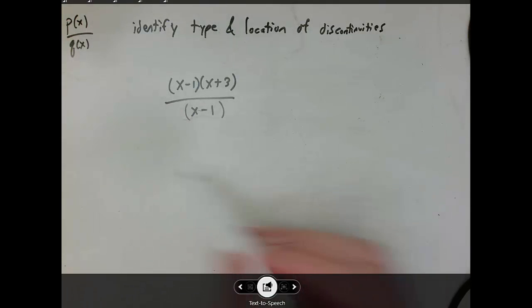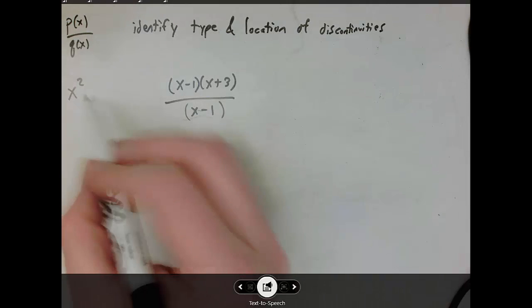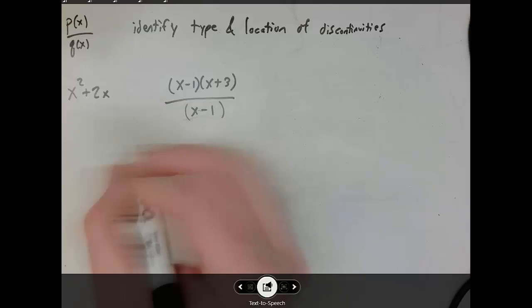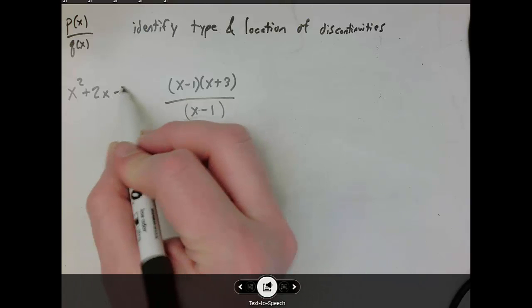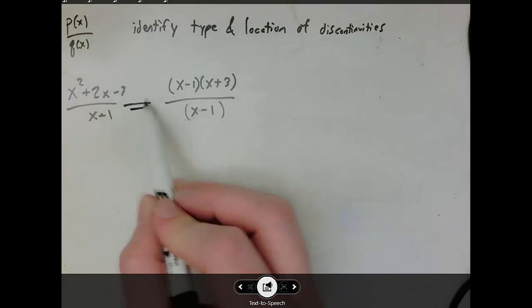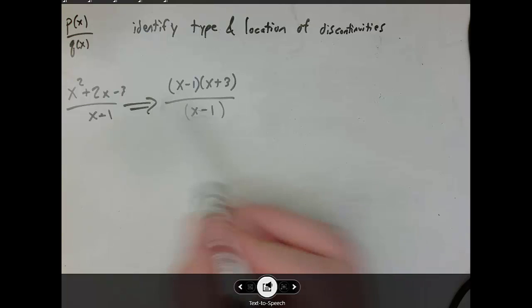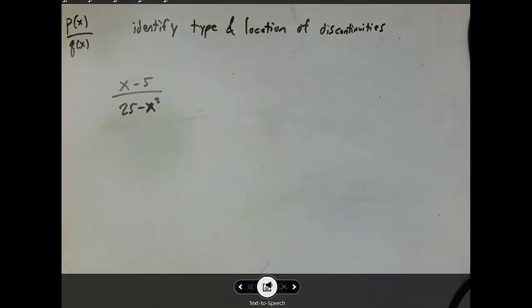You might be told, what are the discontinuities of x squared plus 2x minus 3 over x minus 1. And what you have to do is realize, aha, you can factor the numerator, and now you can identify what factors cancel, creating the removable discontinuities.